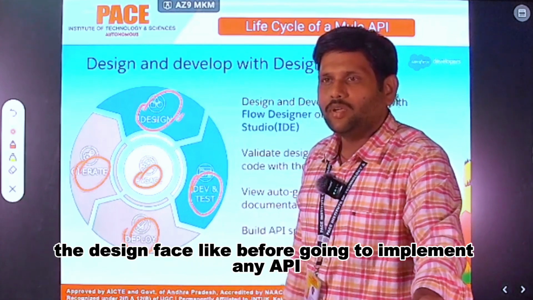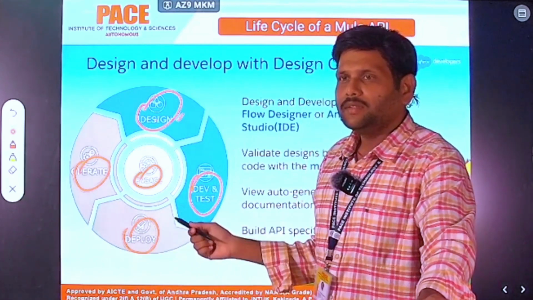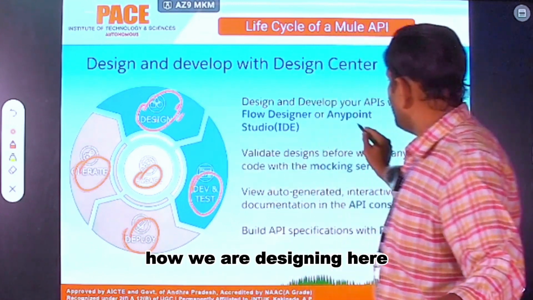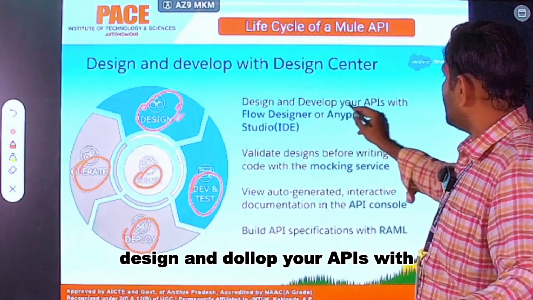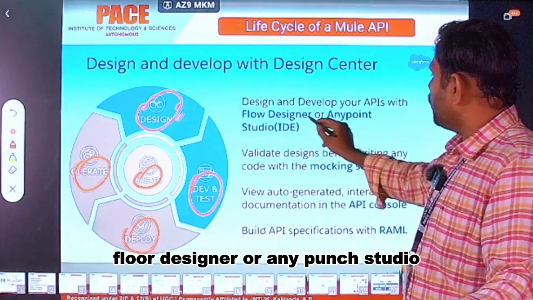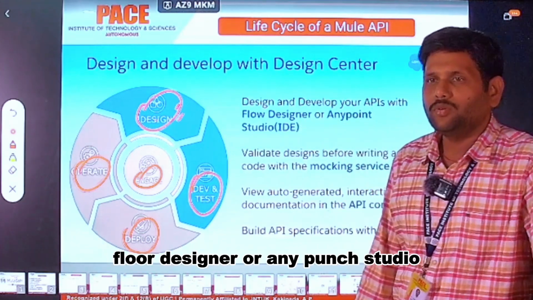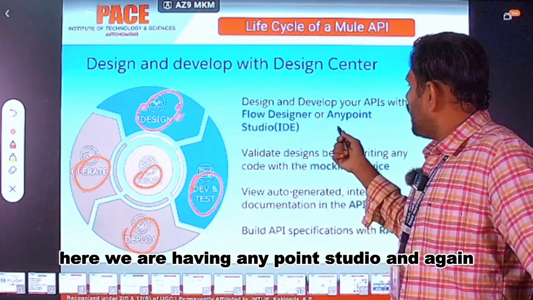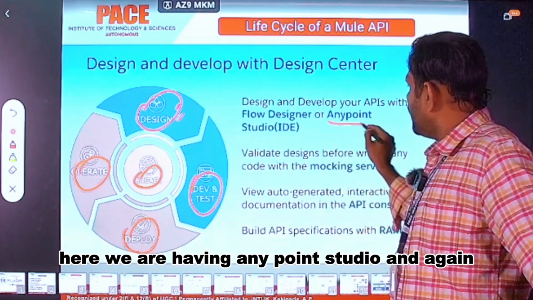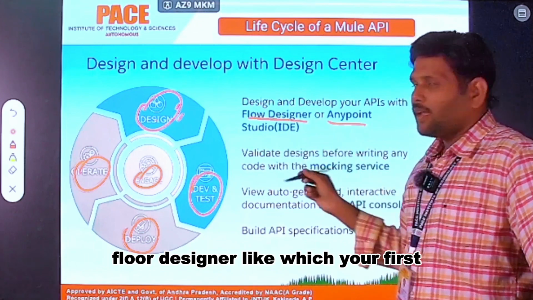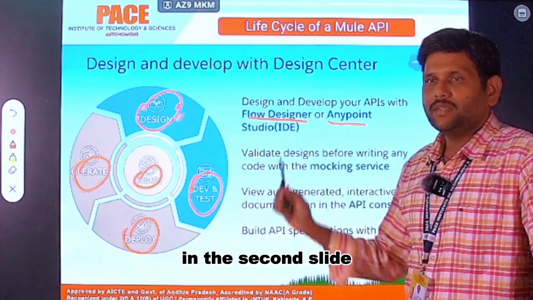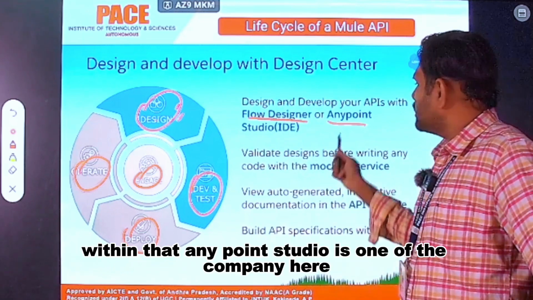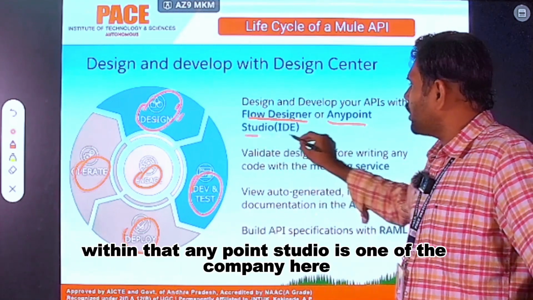Before implementing any API, we first need to design. Here you can see, design and develop your APIs with Flow Designer or Anypoint Studio. To implement APIs in MuleSoft we have Anypoint Studio and Flow Designer, which we saw in the second slide as key components of MuleSoft. Within that, Anypoint Studio is one of the components.